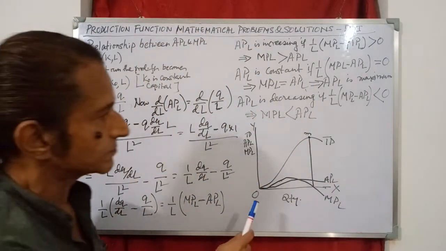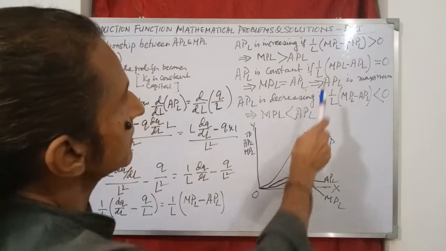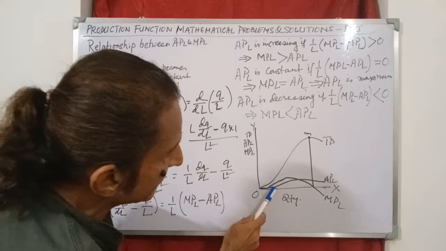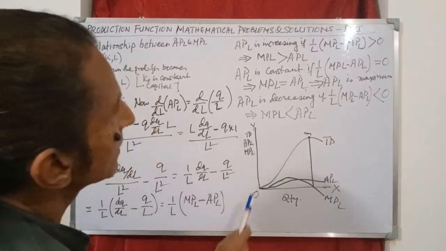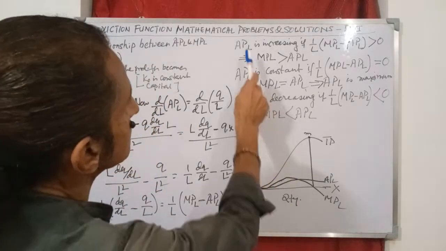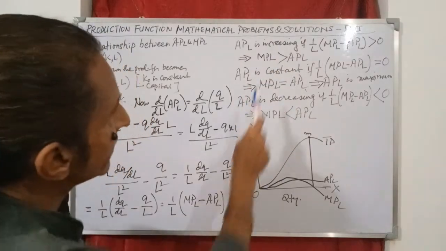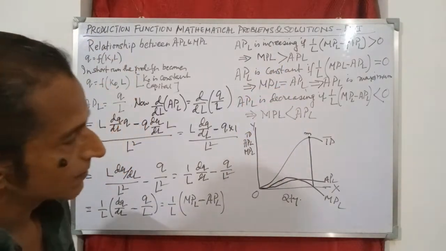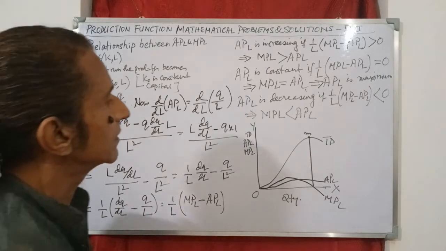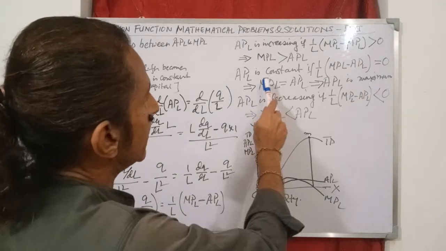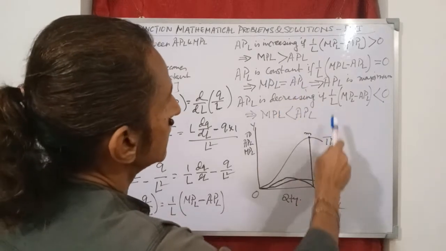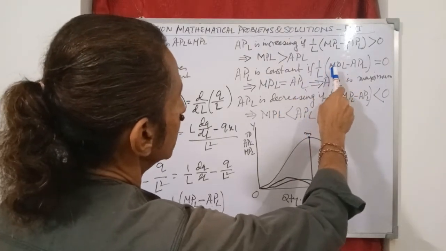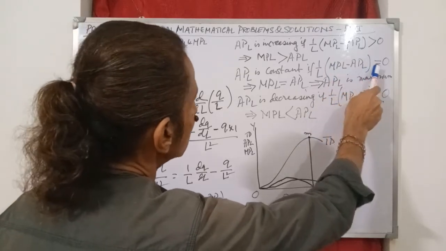Now see, when MPL is greater than APL, here MPL lies above APL. APL is rising, APL is increasing when MPL is greater than APL. Next, APL is constant if 1/L into (MPL minus APL) equals 0.